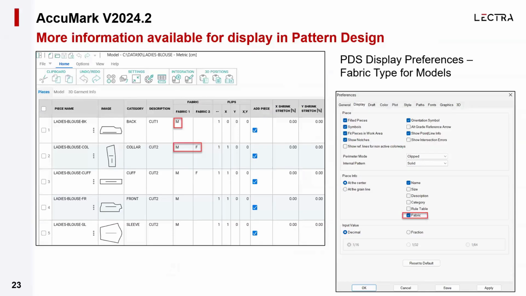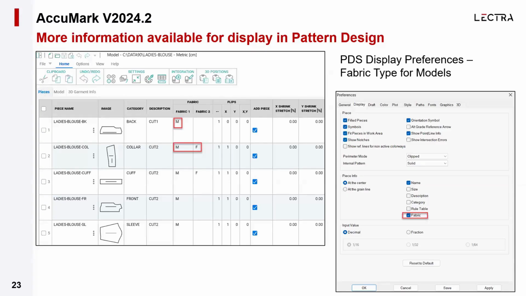Next, some of the other feedback that we received, and it's really great to be able to get feedback from the field, feedback from our customers through our customer success center, getting all this information through customer support teams. One of the things that people were asking about is being able to see, not just PDS colors, but also the fabric codes that you have in the actual models.